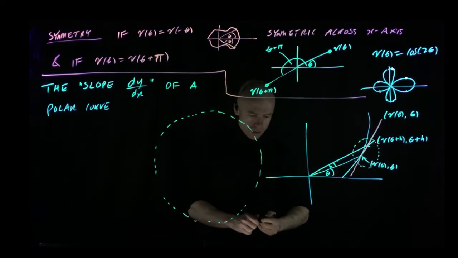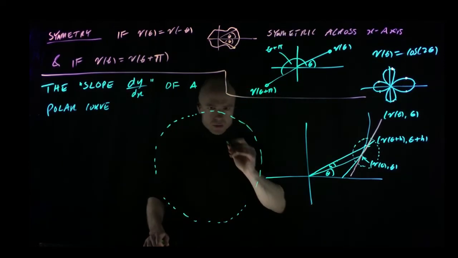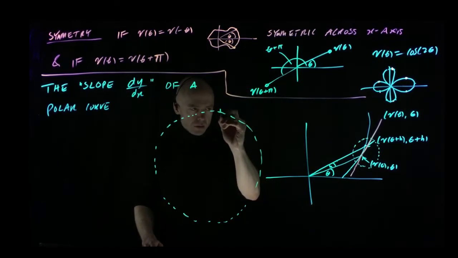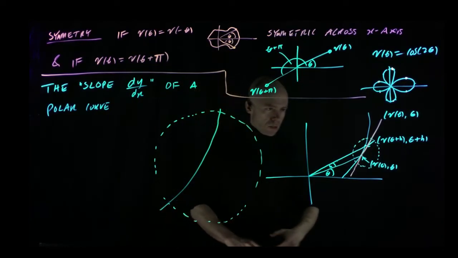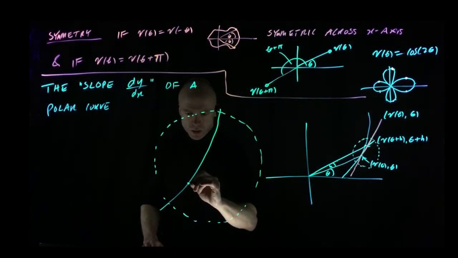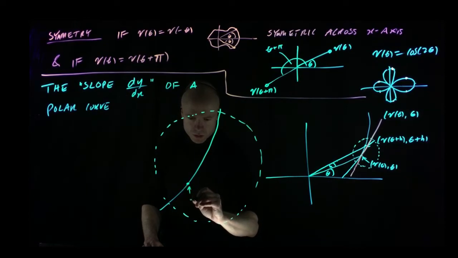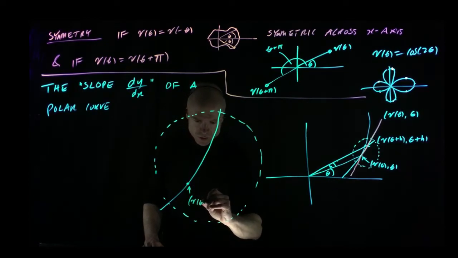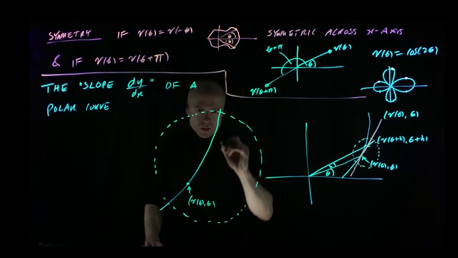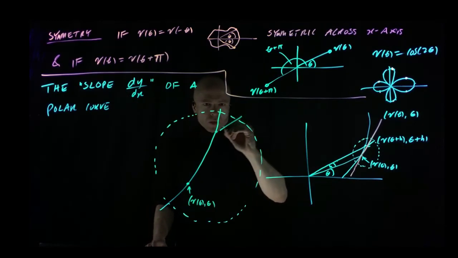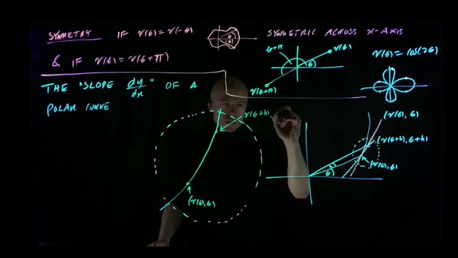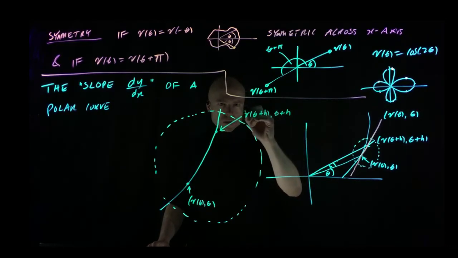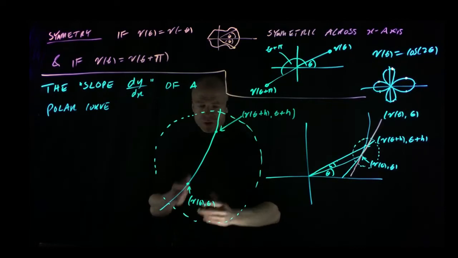Okay, let's redraw the picture we have. It's something like this. This thing here is r of theta, theta, and this thing here is r of theta plus h, theta plus h. We're going to try and figure out the slope.